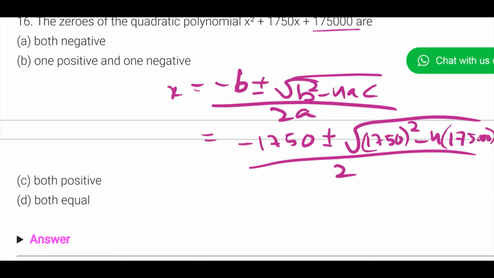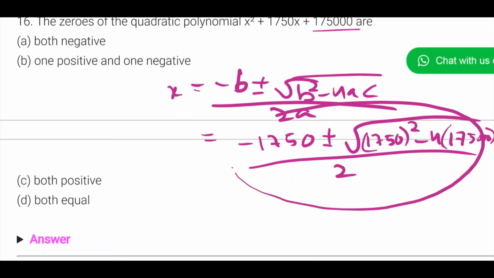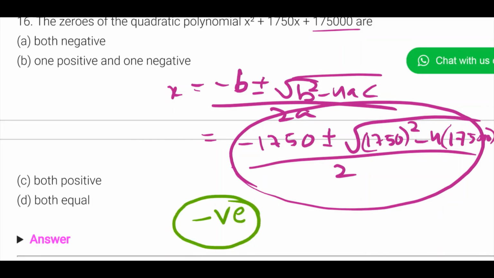So this is like the previous problems. From this value we always get two roots, and here both are negative.